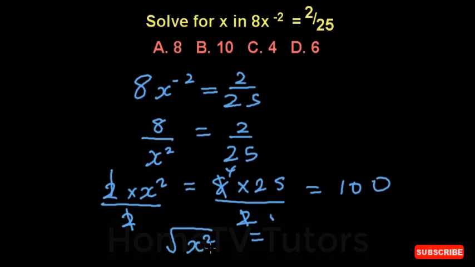Whatever we do to the right hand side, we do to the left hand side. Okay, so now we have x equals the square root of 100, which is 10. So option B is the right answer.